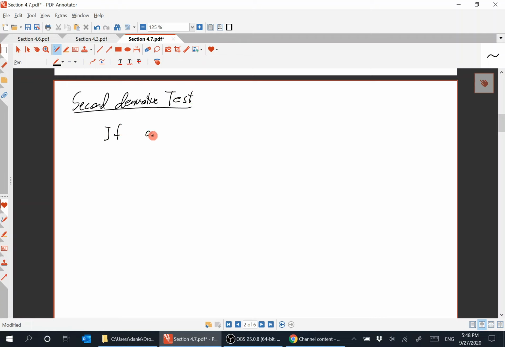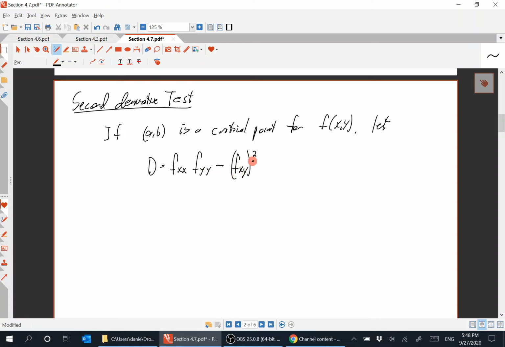If (a,b) is a critical point for f(x,y), let D equal fxx fyy minus fxy squared.